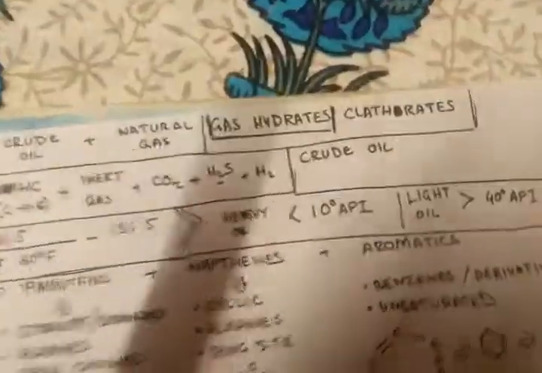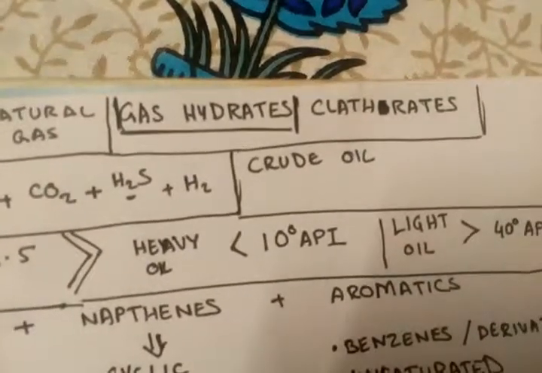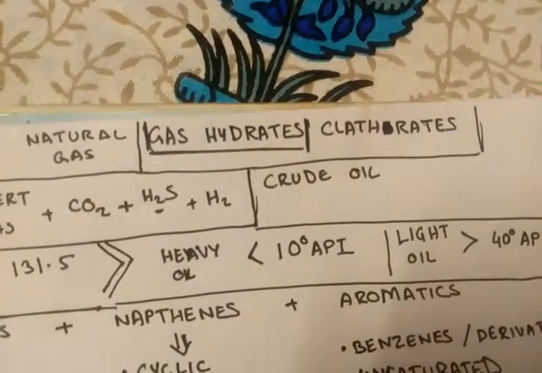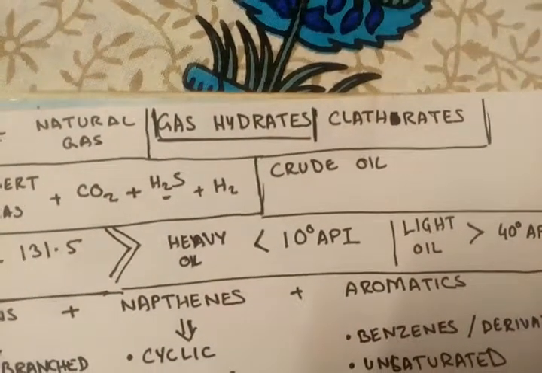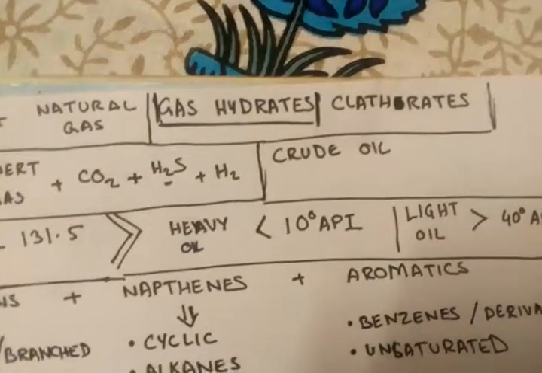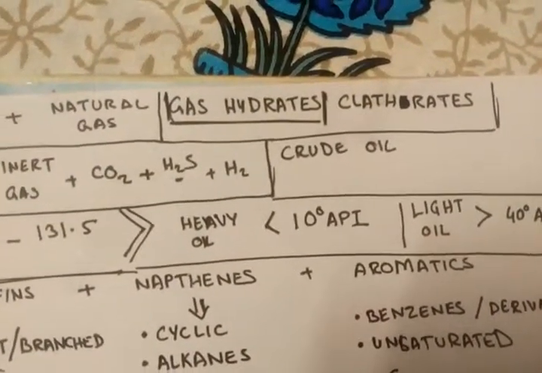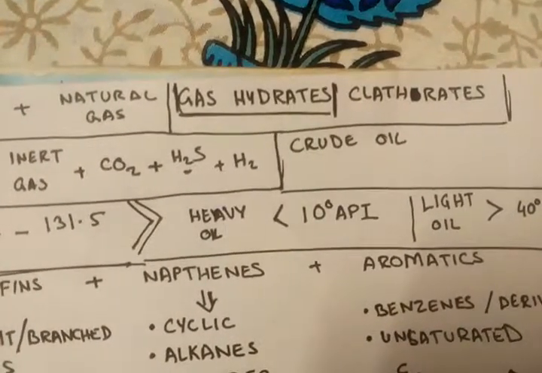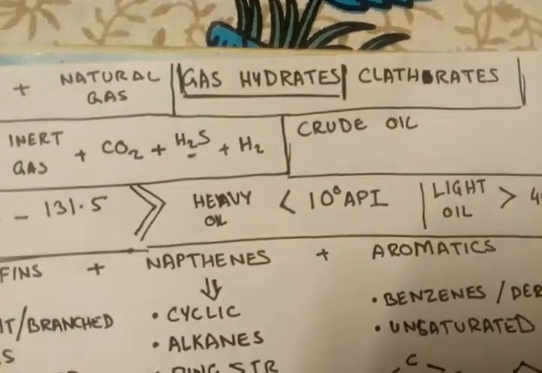After that, we have a term known as gas hydrates or clathrates. Gas hydrates are natural gas molecules trapped in frozen water. As we know, frozen water has a cage-like structure, and within those cages gas molecules are trapped, forming a huge reserve of natural gas.